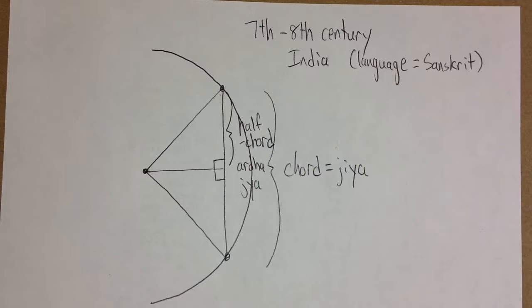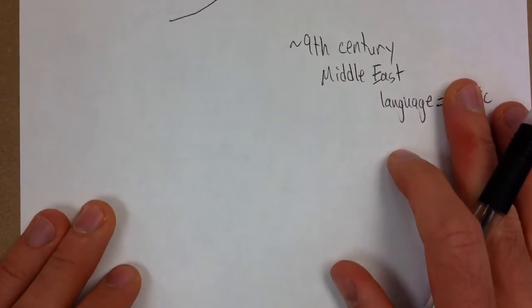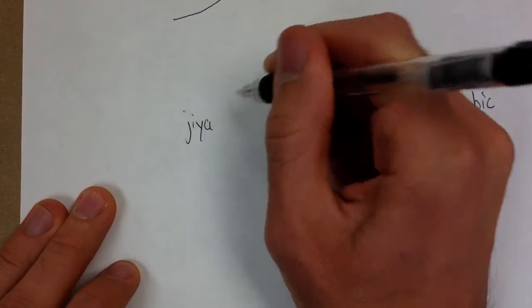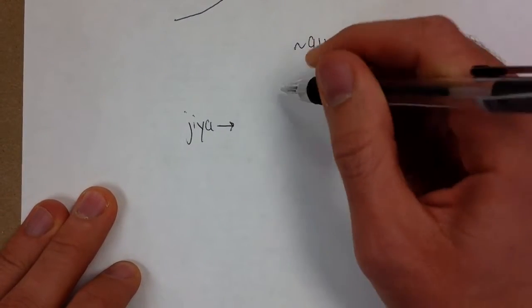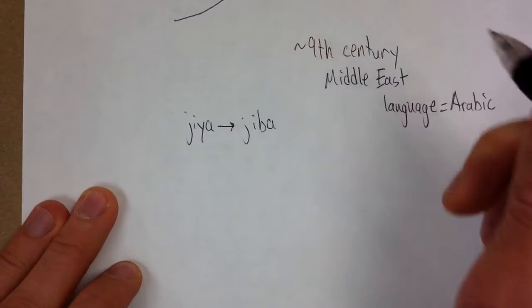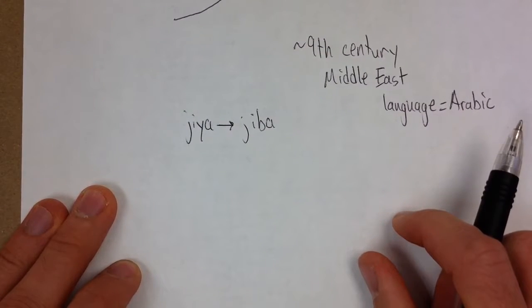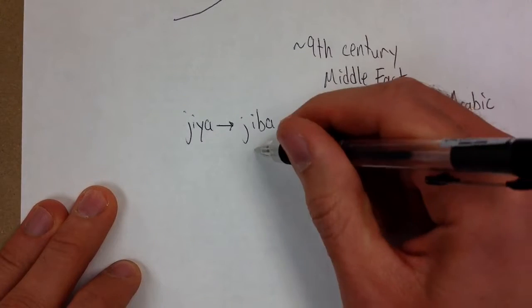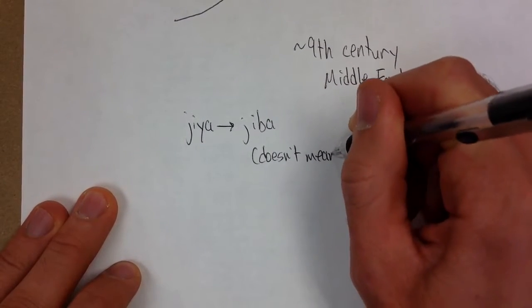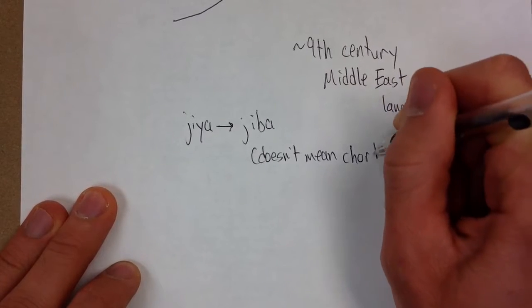So Jia got translated into Jiba. It doesn't mean chord in Arabic.